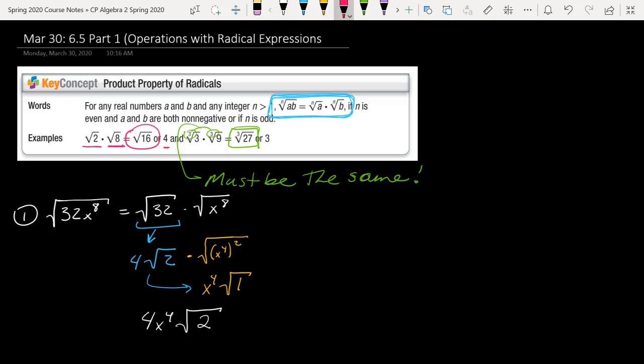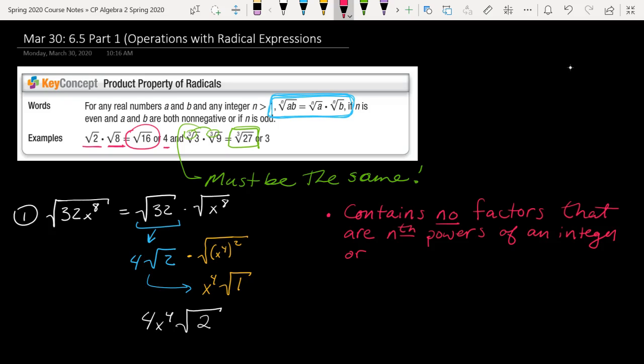To formalize things a little bit here, let's define what we mean by simplifying nth roots. All we're trying to do in this case is arrange the radical expression so that this is true. The expression should contain no factors that are nth powers of any integer or any polynomial. And you can see that's exactly what we did in example 1 here.